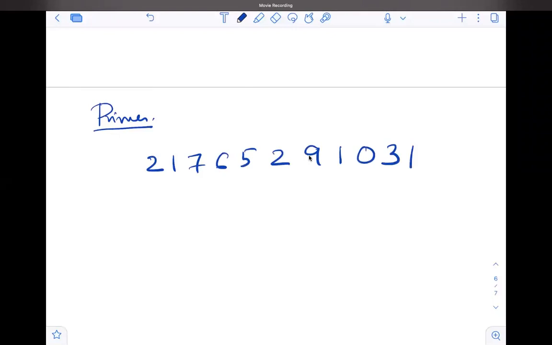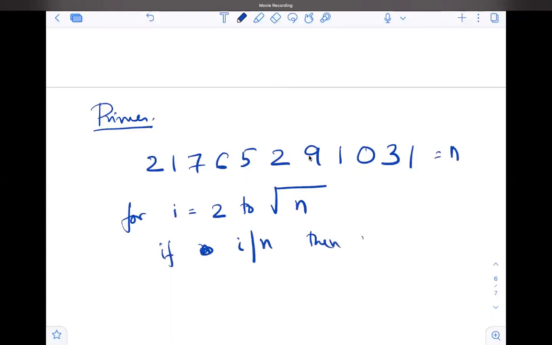Now, what is the most standard or simple approach? For i equals 2 to square root of this quantity, whatever that is, let's call this n, if i divides n, then output 0.